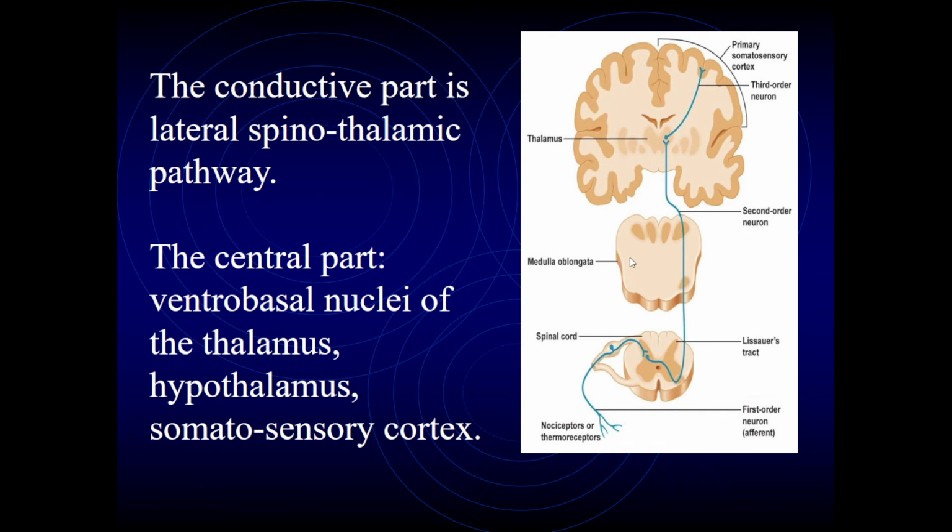The central part includes the ventrobasal nuclei of the thalamus, hypothalamus, and somatosensory cortex. If you remember, in the hypothalamus we have centers of thermoregulation, the center of heat production and the center of heat loss.